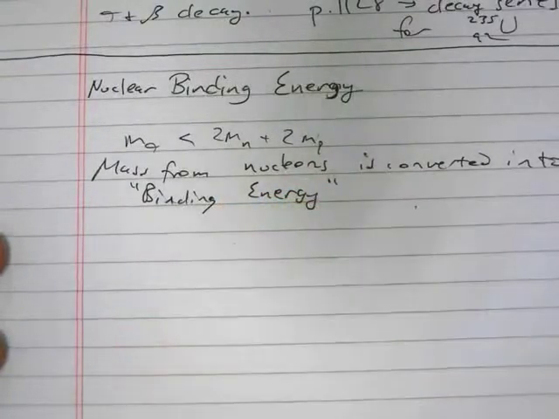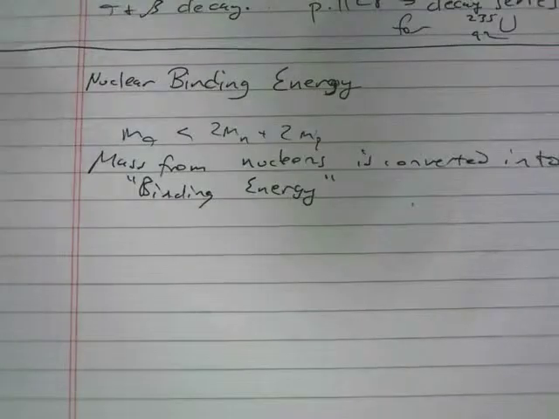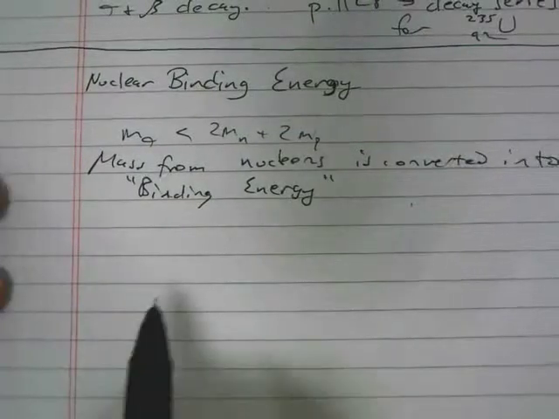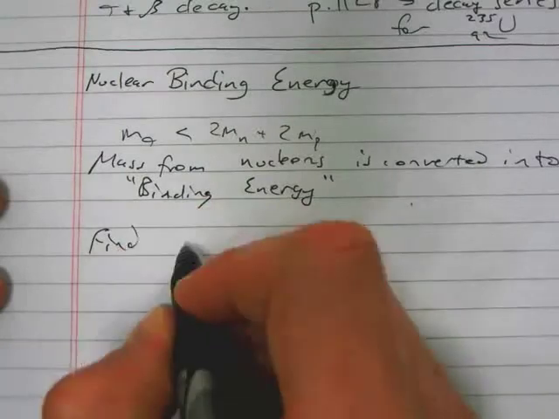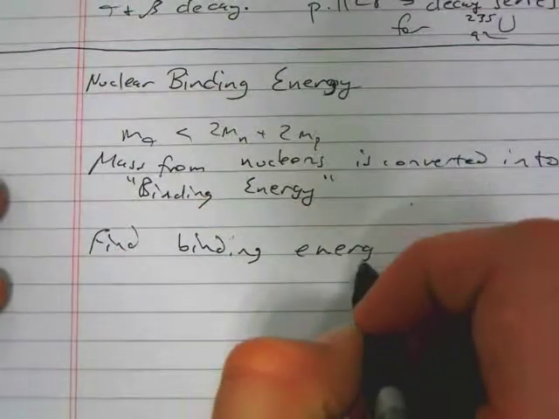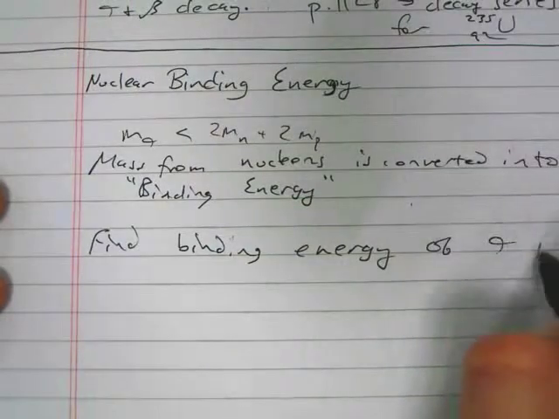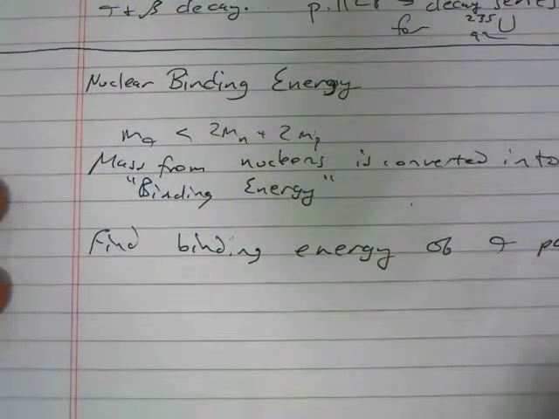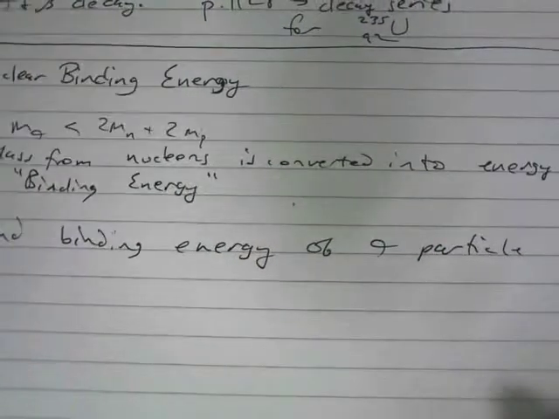Right? So the energy is conserved, but again, mass is not. So if we want to find the binding energy, let's say of an alpha particle, well, there's just this mass that is converted into energy.